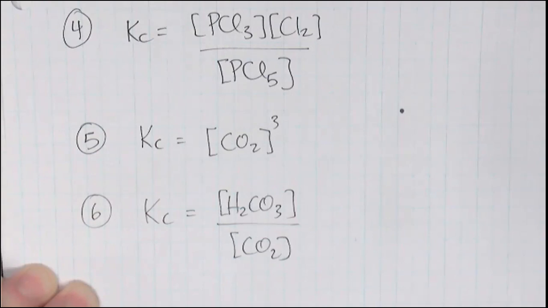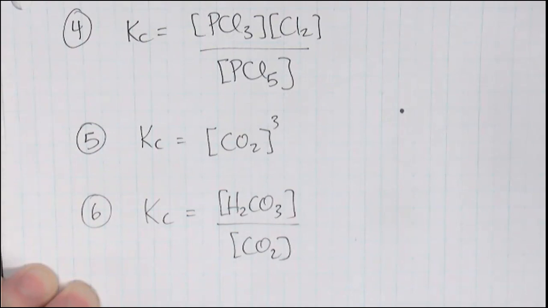The last equation there, right? I thought it's only the reactant. So in the last example, if you go back and look at the balanced equation, the product was aqueous carbonic acid, H2CO3. Because it's aqueous, we can include it. It goes in the numerator.